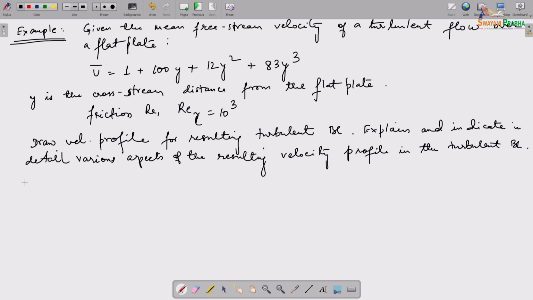Let us see what we are talking about here. What is this Re tau? If you remember, we said that there is a certain small sublayer within a boundary layer where viscosity is most predominant, and we define individual scales for it, which are independent of the boundary layer thickness and the free stream velocity.